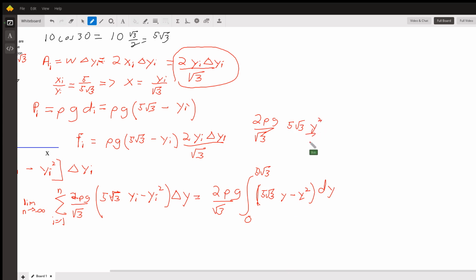We're going to evaluate that at 0 and 5 root 3. Minus, and I'm just going to rewrite this over here again, 2 rho g over root 3, and now we will have y cubed over 3 evaluated at 0 and 5 root 3.